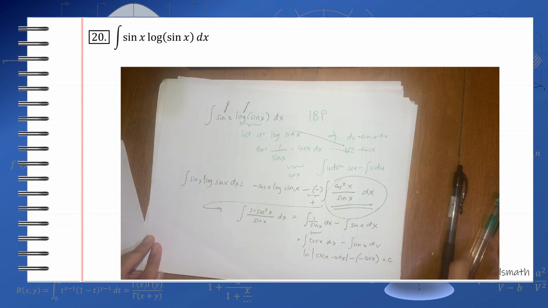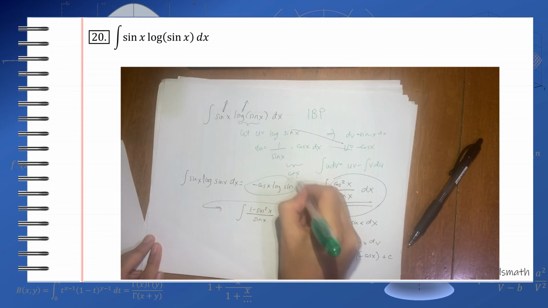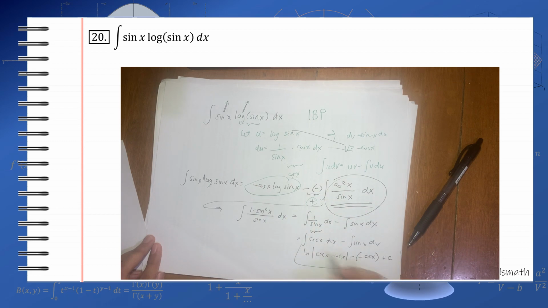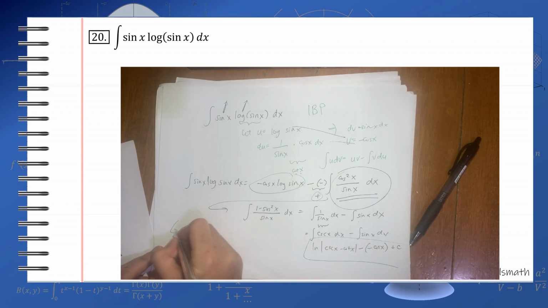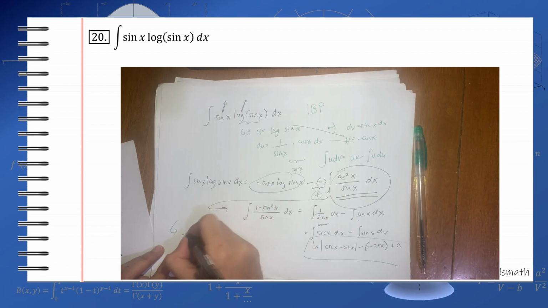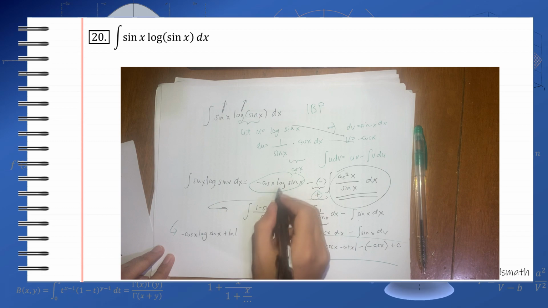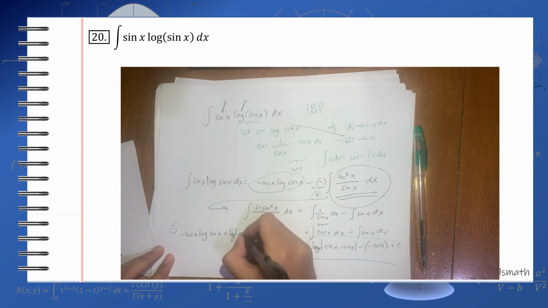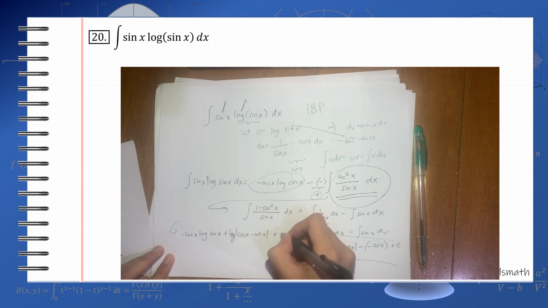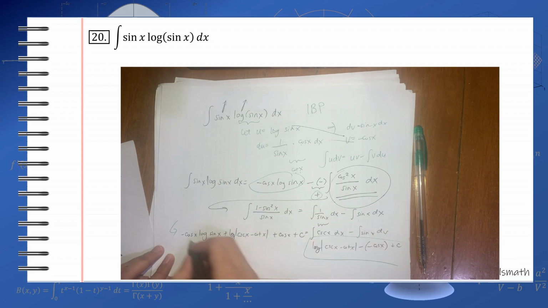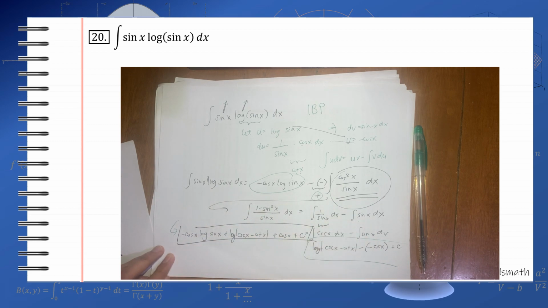So the terms we have are this plus this. So the final answer should be negative cosine of x log sine x plus, sorry, this should be log, just to be consistent with the notation, log of cosecant x minus cotangent x plus cosine x plus c. Whew. Quite long, but maybe not that hard.